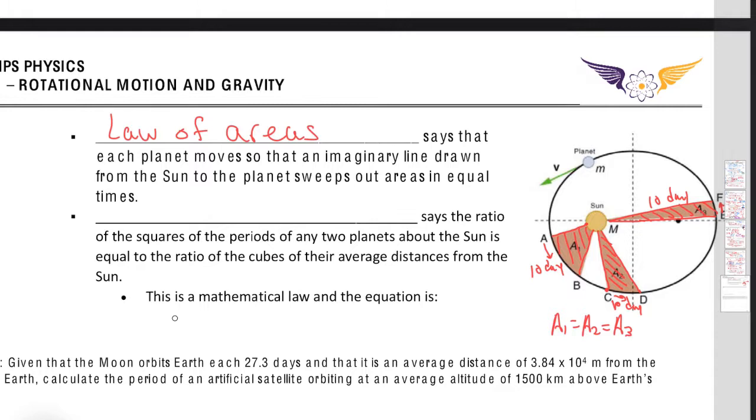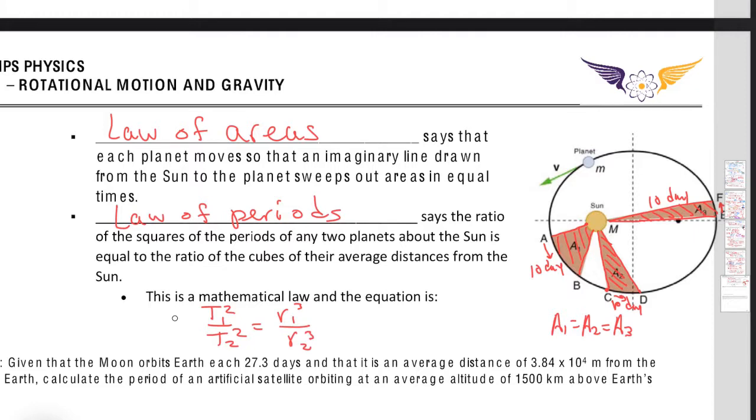And then finally the last one is called the law of periods, and this is the one that actually brings in a mathematical relationship, which says that the square of the periods is equal to the ratio of the cubes of the radii.